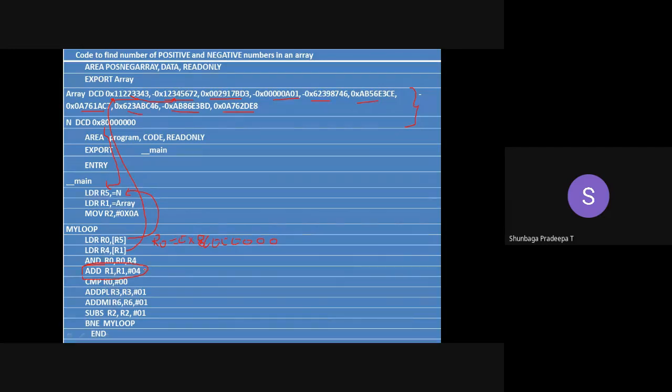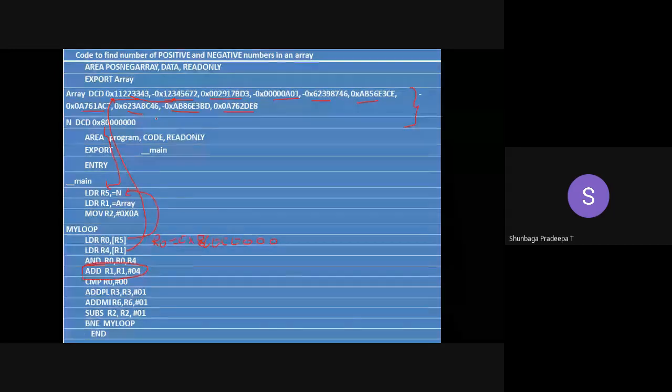So here in your ARM Cortex, it is incremented by 4 because you have 4 bytes, so it should point to the next address. Each 32-bit data is there. So based on the pipeline structure, you have to add by 4. Okay. So it will correspond to the next data. So R1 is now pointing to the next data.